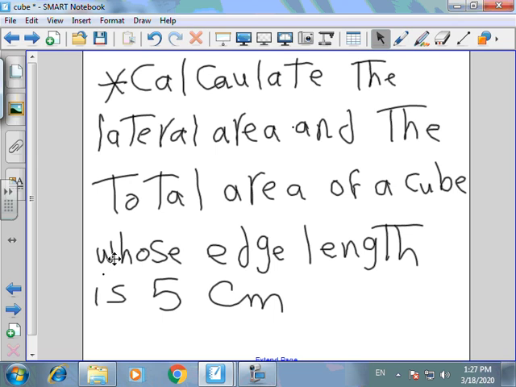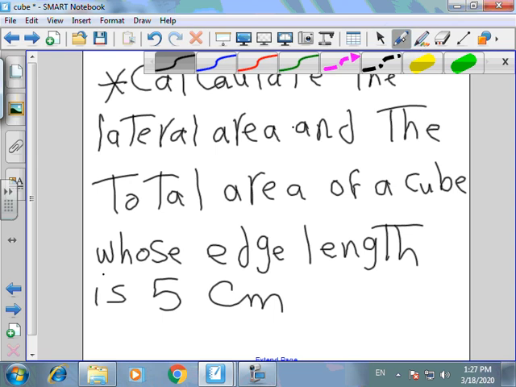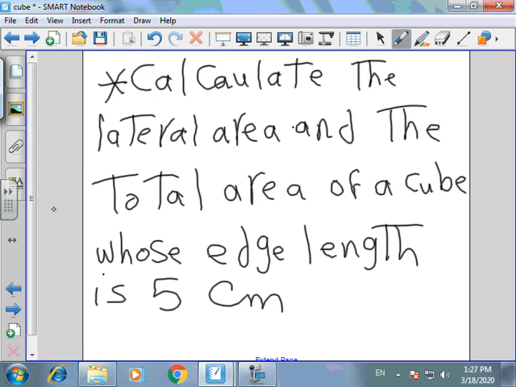Okay, for example, calculate the lateral area and the total area of a cube whose edge length is 5 centimeters. So now we have the edge length, or the side length, of the cube equals 5 centimeters.